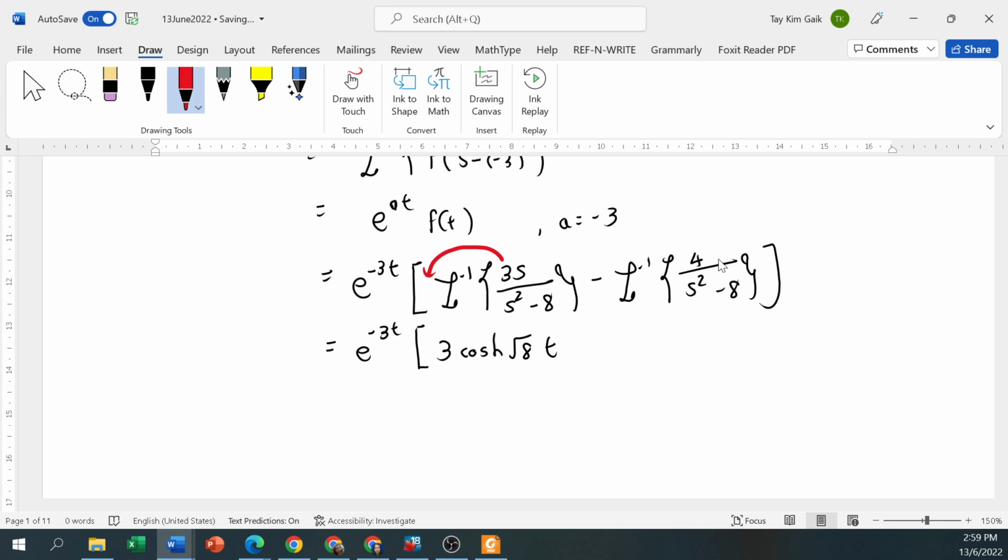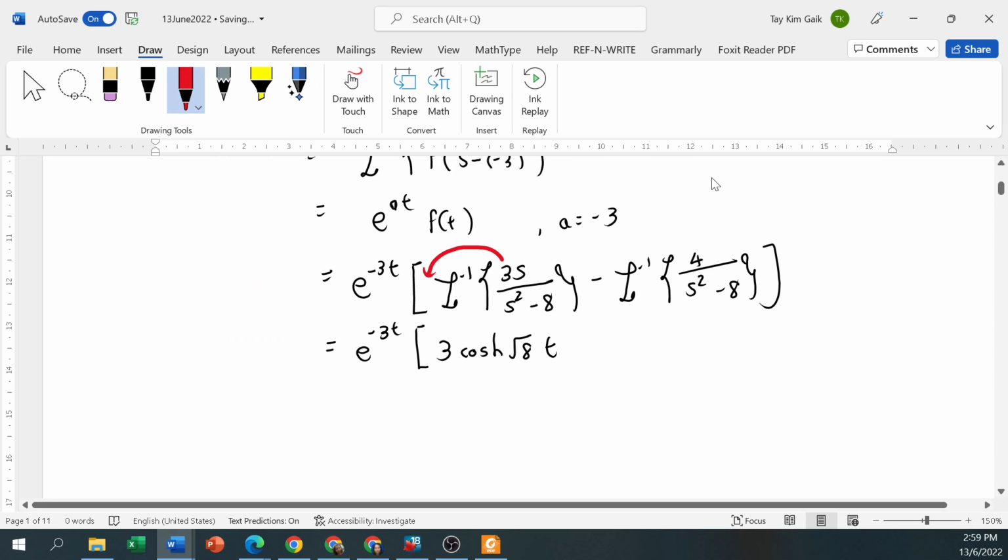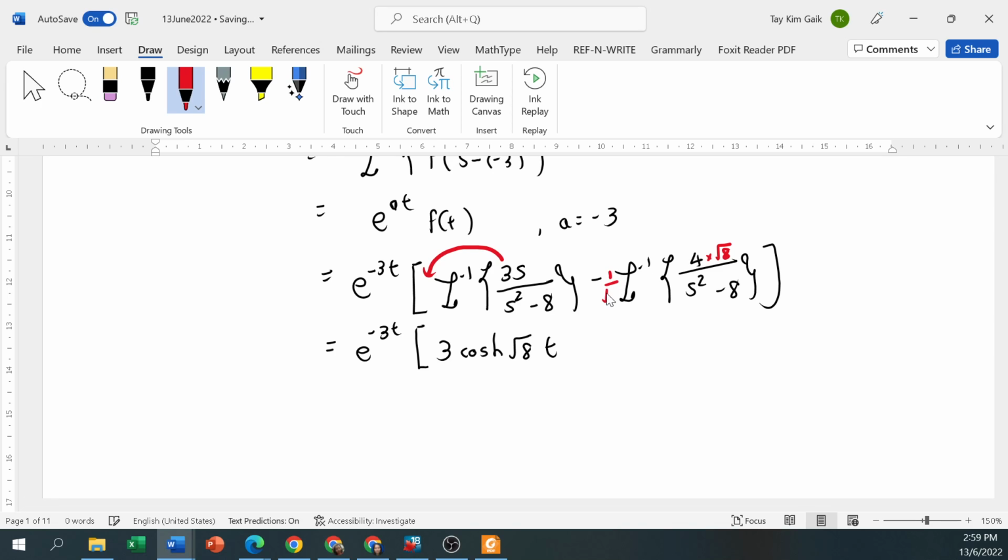And then the second term: if you multiply by root 8, then you need to divide by root 8. That's why you have 4 over root 8, and this term gives sinh root 8 t.